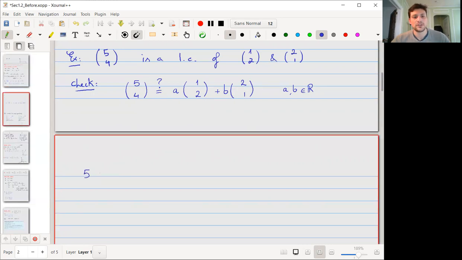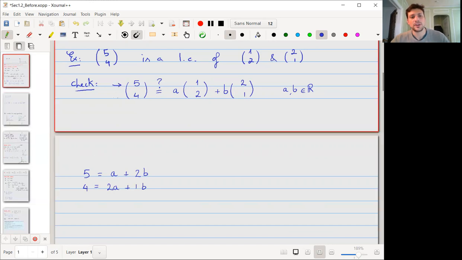That equality is satisfied only if we can find a solution for 5 is equal to a times 1 plus b times 2, and 4 is equal to 2 times a plus 1 times b. I'm taking each entry of these vectors and writing out this equation just for that entry.